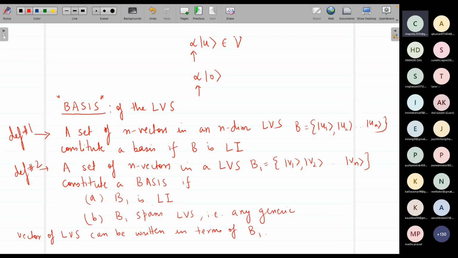When I'm using the word spans, what does that mean? It means that any generic vector of the linear vector space can be written in terms of B1. So let me continue writing on this portion.